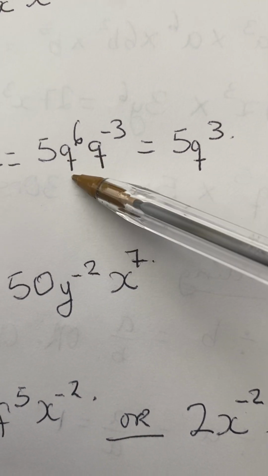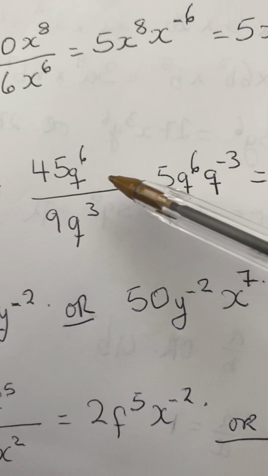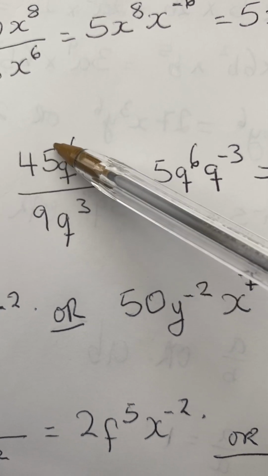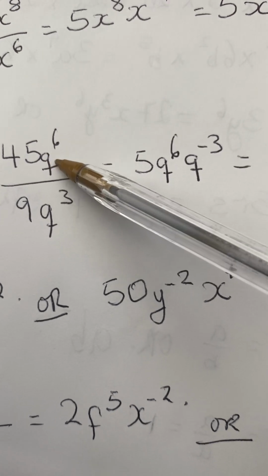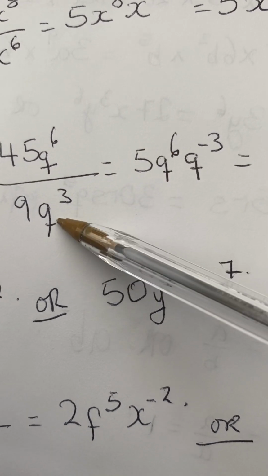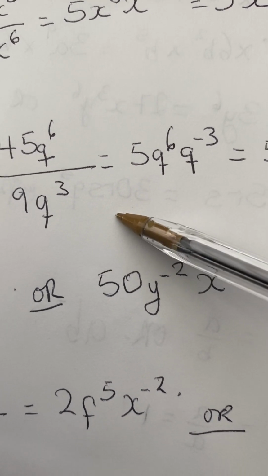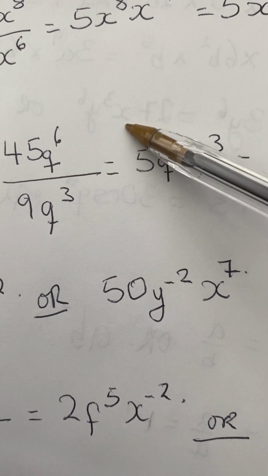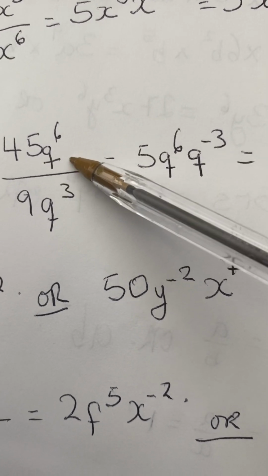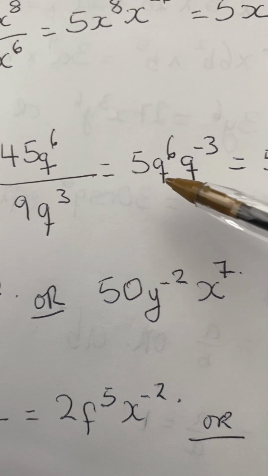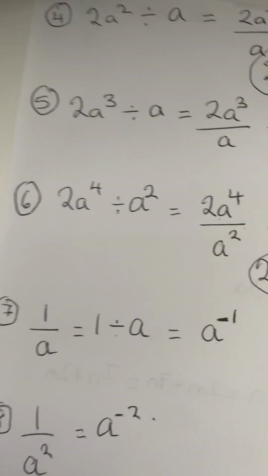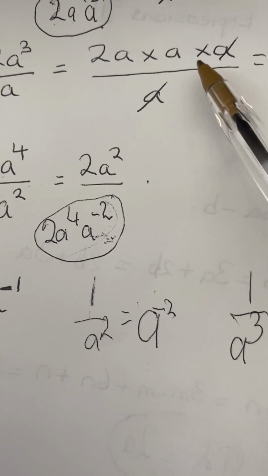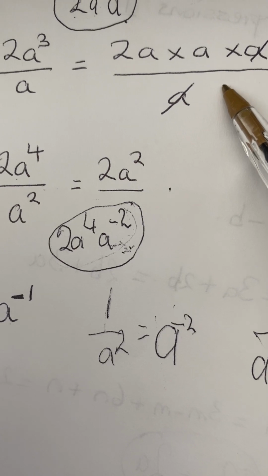Both of them are q's, so you get 6 of the q's and 3 of the q's. You can take the 3 off and be left with 3 q's. But if you know this step, then you don't have to be doing it like this.